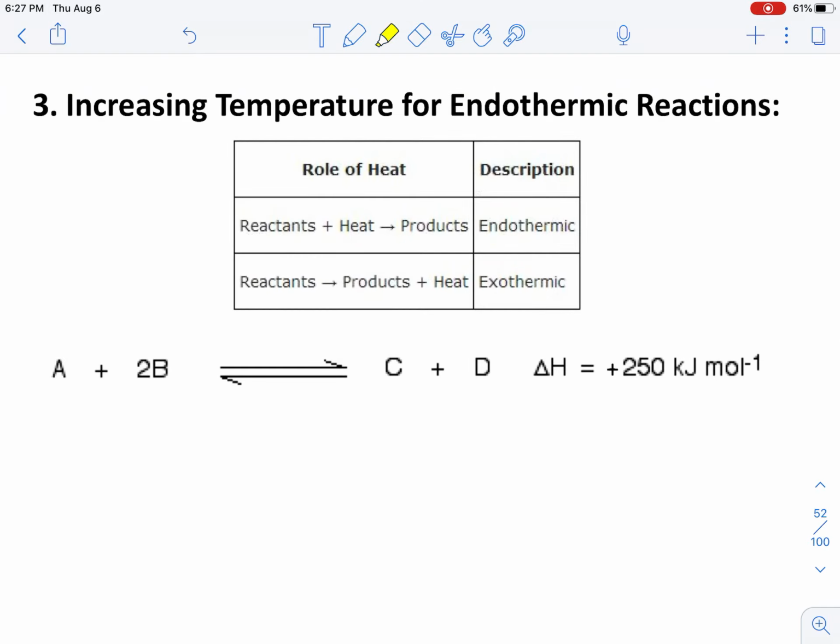Let's look at another scenario. This time we're going to increase the temperature for endothermic reactions. Looking at the sign, notice how it's positive, so I know that this reaction is going to be endothermic.